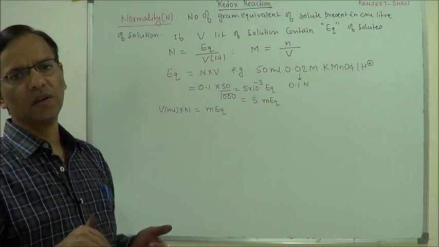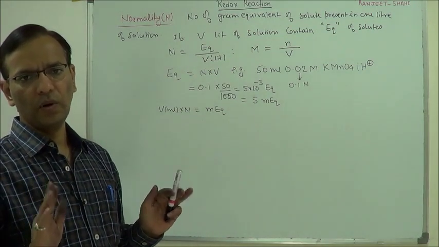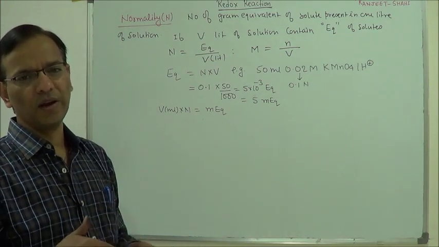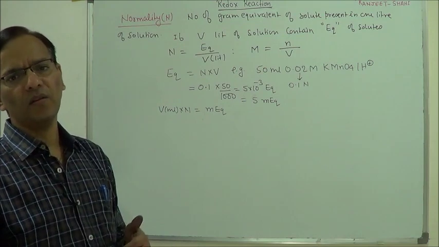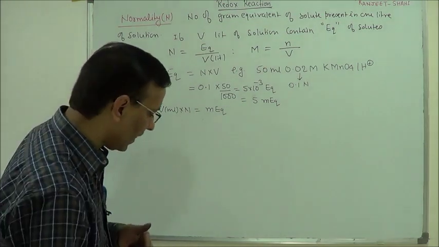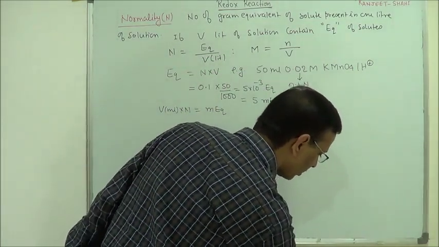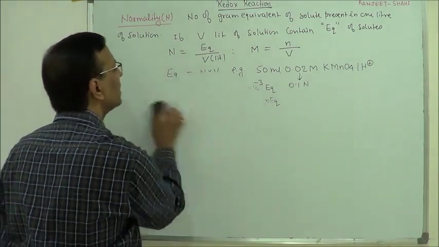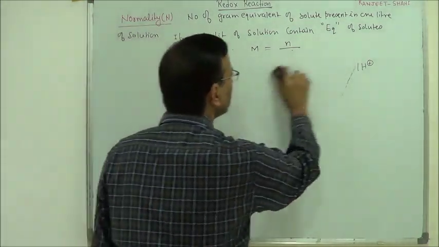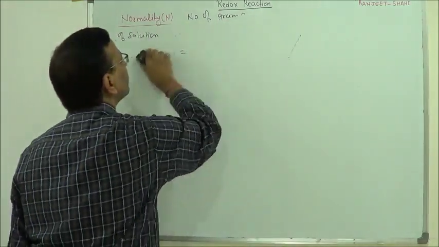And for that purpose, balancing of a redox reaction will not be required. So with the knowledge of concepts of equivalence, we can skip the balancing of a redox reaction. So let us apply these fundamentals for some correlation so that we can further understand the concepts of equivalence, which we will be using in the redox titration, our next topic.